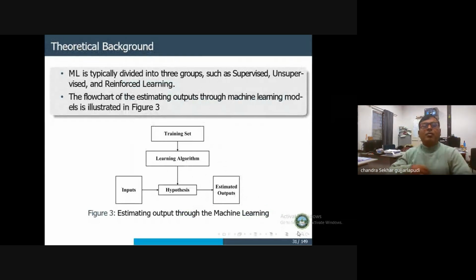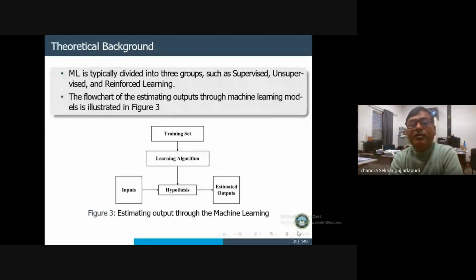I'm talking about another type of application of machine learning for power system security assessment. Now, as you know, the basic structure of a particular machine learning model is like that. At the initial level, we need to have some training set.